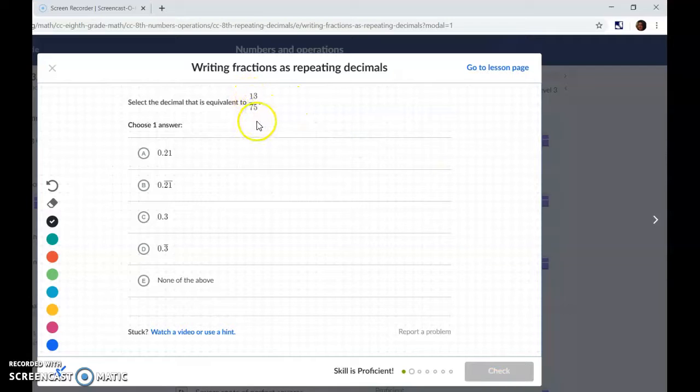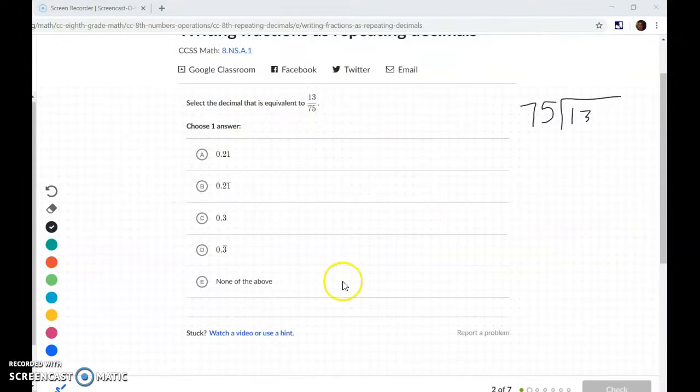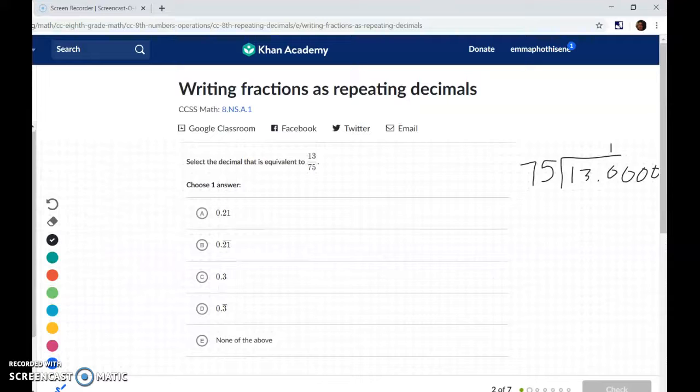13 divided by 75. Okay, so I'm gonna do it like this first. I know that I'm gonna have to bring in some zeros, so I'm just gonna add them now. Okay, so 75 goes into 130 one time, and I know that because 75 times 2 is 150, so that would be too much.